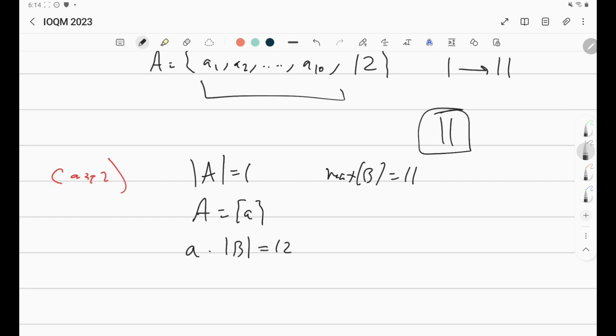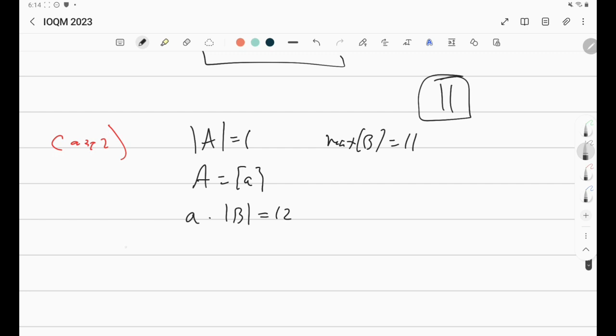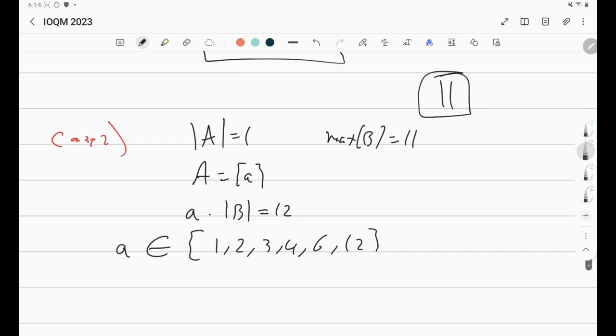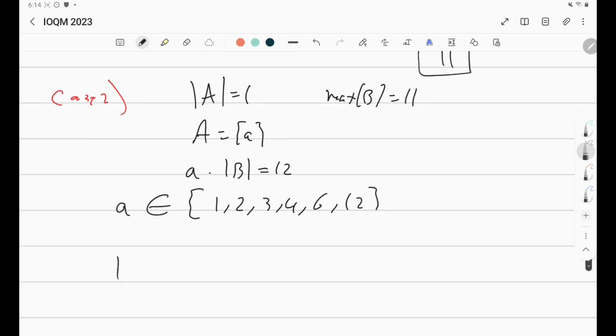So now we have some cases. A is going to be one of these numbers. It's a divisor of 12, so it can be 1, 2, 3, 4, 6, or 12, and depending on each one of these cases we're going to have a cardinality.